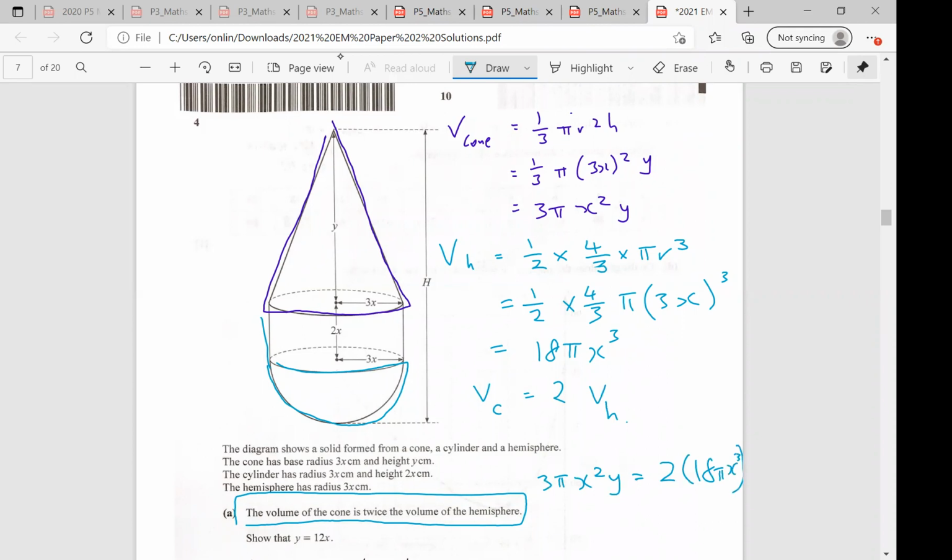Okay, so if I solve it out here, my y will be equal to 36 pi x cube over 3 pi x square, correct? So what we need to do now is maybe some cancellation.